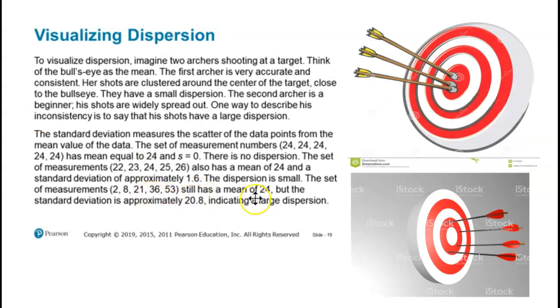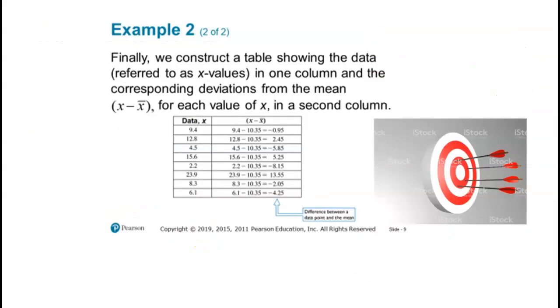When you subtract 24 from 53, you'll have a positive number, and when you subtract 24 from 2, you're going to have a negative number. That is because some of these are far away on the more positive side, and some farther away on the negative side, away from that middle.